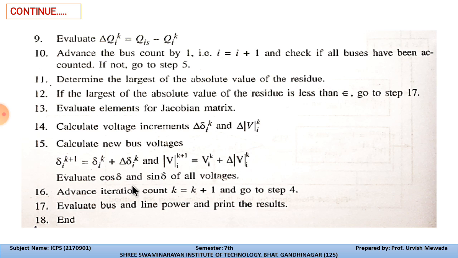Evaluate the cos δ and sin δ of the various voltages, then advance the iteration count, k equal to k plus 1, and go to step number 4. Then evaluate the bus and line power and print the result, and the system stops. This is the algorithm actually followed by the system.